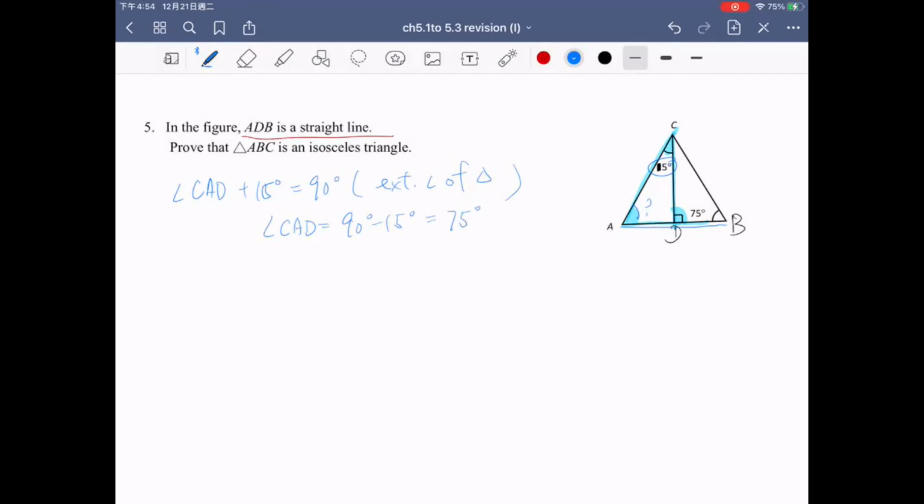So you have 75, and then you can say angle CAD is angle CBA, or 75 degrees.